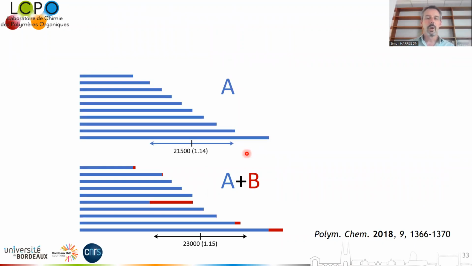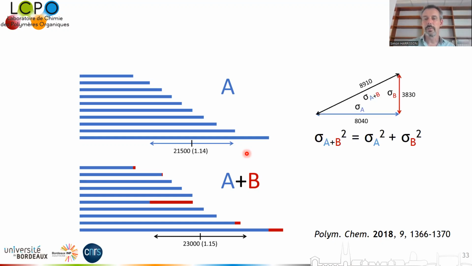And the question is, what are the characteristics of the block that we need to make that transition? And we can work that out. So we know already that the length of the block on average is just the difference in lengths, 1,500. And the standard deviation we can work out using just the statistical formula for addition of two random variables.